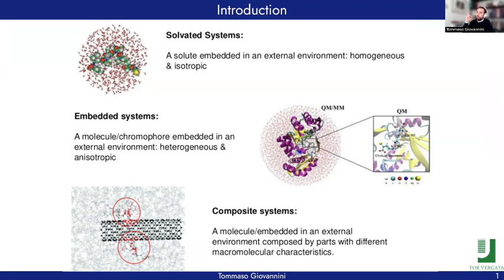You have a system, let's say a molecule, a chromophore that is embedded in an external environment, for instance, a biological matrix that can be heterogeneous and anisotropic. And then you can have systems where you have composite parts with different macromolecular characteristics. For instance, you can imagine a surface with a chromophore embedded in a biomolecule, all surrounded by a solvent.